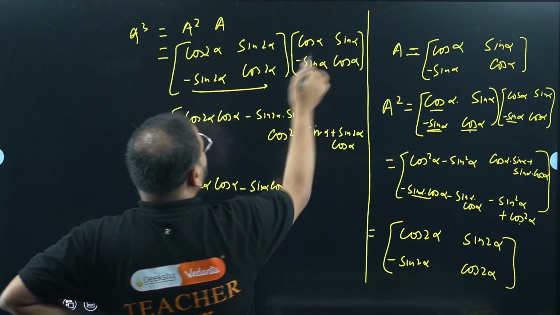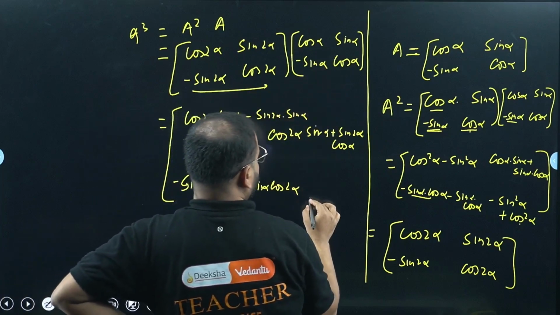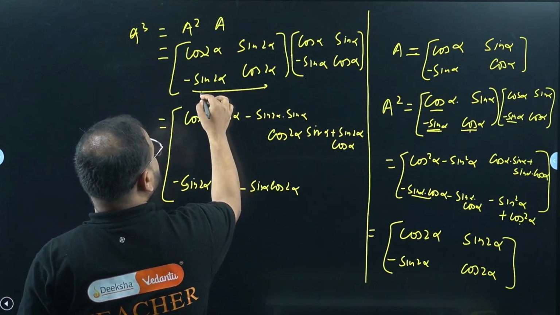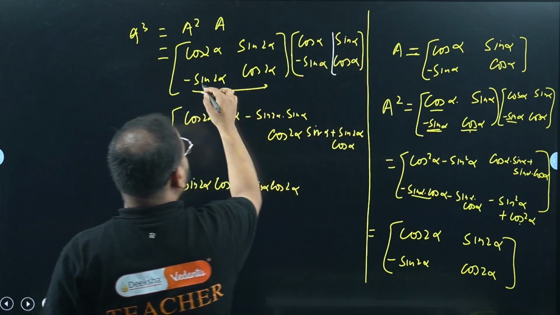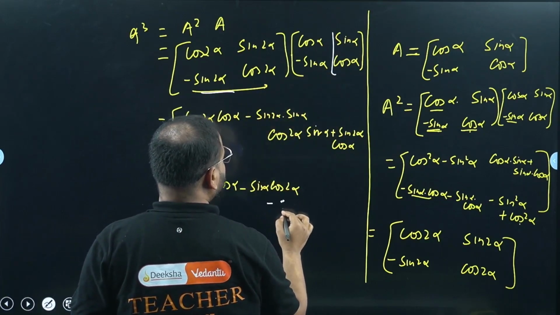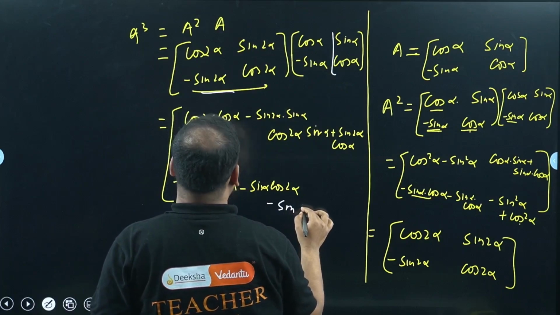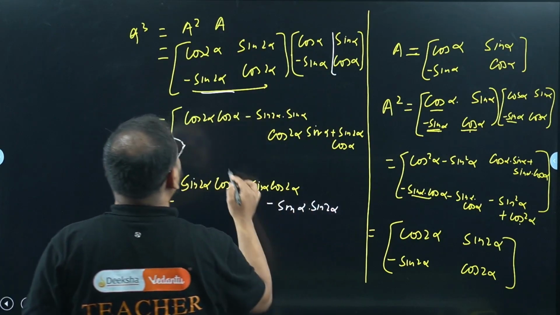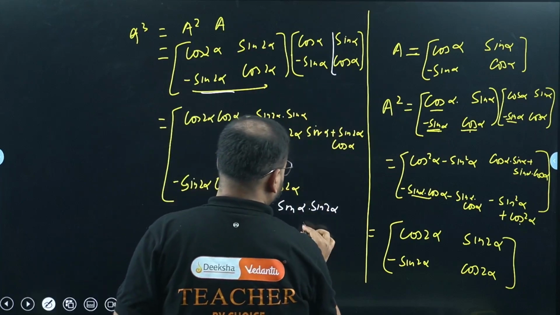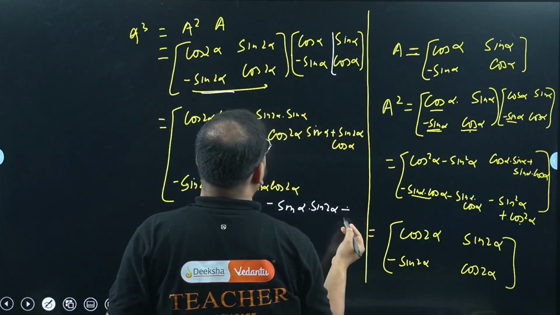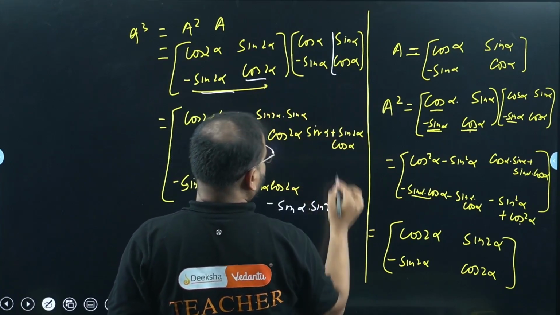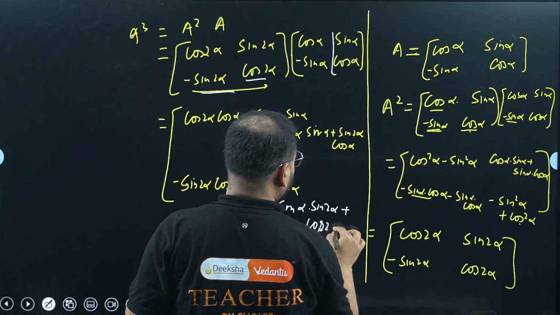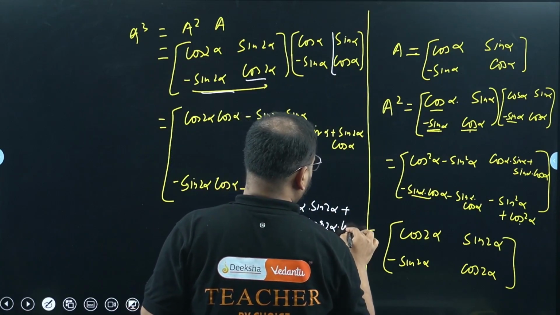Last term: minus sin 2 alpha with this. I'll write it below. I will multiply this with this part, so minus sin alpha sin 2 alpha. And cos 2 alpha into cos alpha, so plus cos 2 alpha into cos alpha.